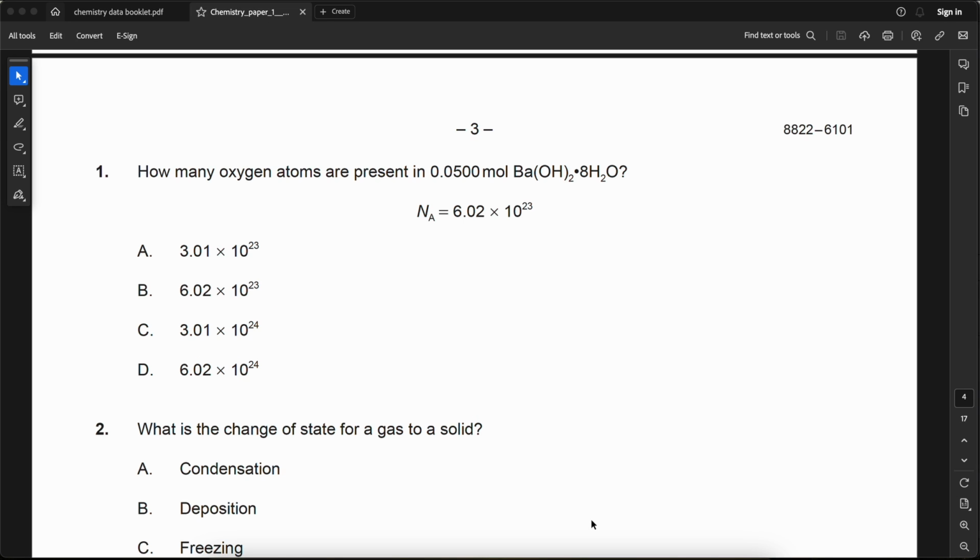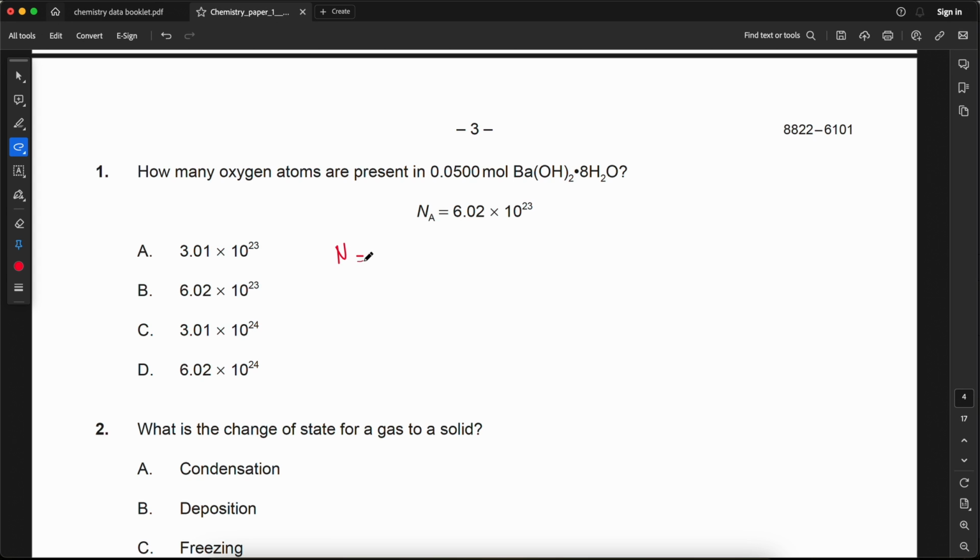How many oxygen atoms are present in 0.05 mole Ba(OH)2·8H2O? To find how many oxygen atoms, we will use Avogadro's number as well.